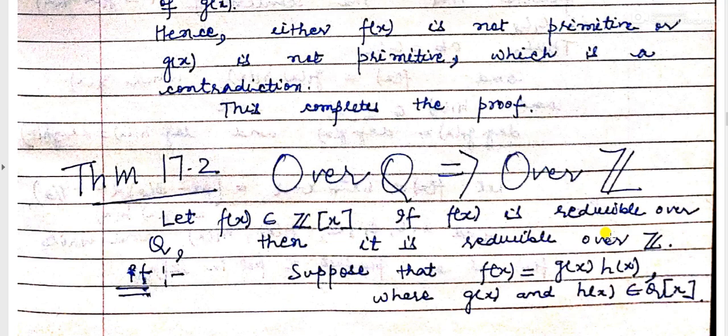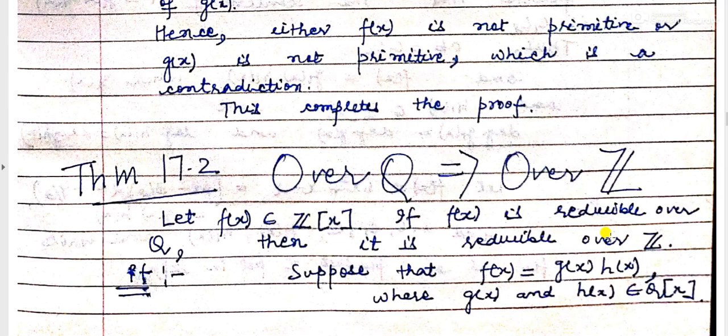So suppose that f(x) is equal to g(x)h(x), where g(x) and h(x) belong to Q[x]. We have taken this assumption from the statement of the theorem that it is reducible over Q. So reducible means it can be written as a product of two polynomials of lower degree.